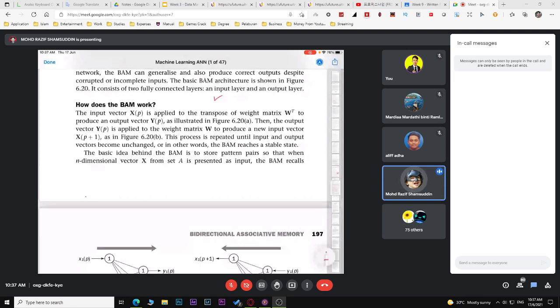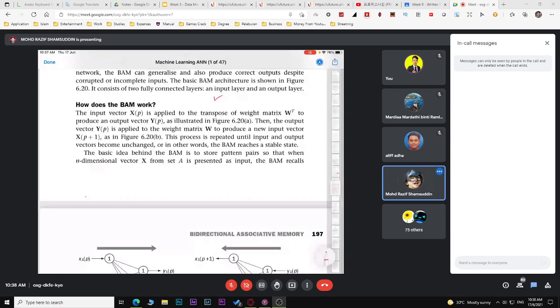But from the last example, it is shown that sometimes when there's a lot of fundamental memory to be memorized, Hopfield network has a memory problem on remembering how to converge several patterns to their stable state. So now, bidirectional associative memory is introduced or proposed to solve that problem.